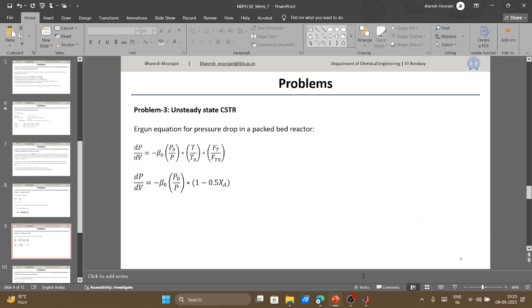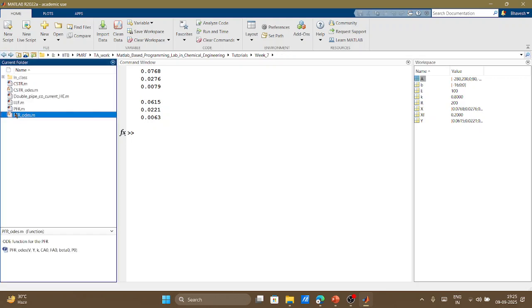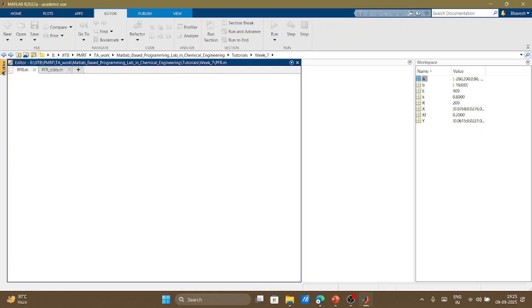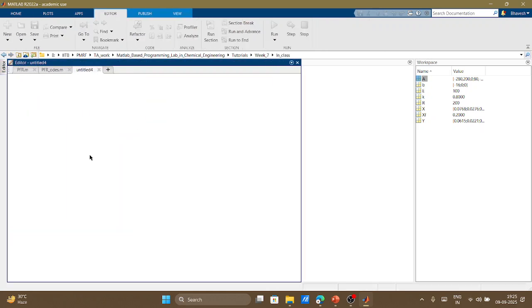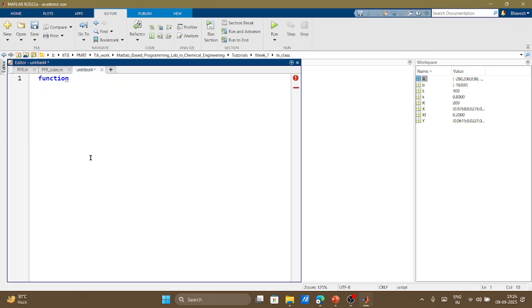For coding this, like the CSTR problem, we will first create the PFR ODEs, which will represent the governing equations in our system, and then we will call it in the main function.